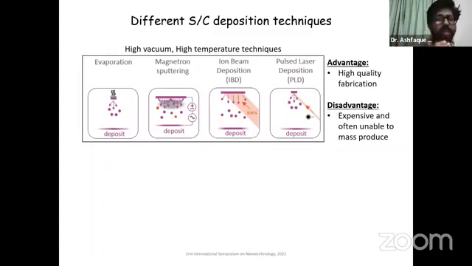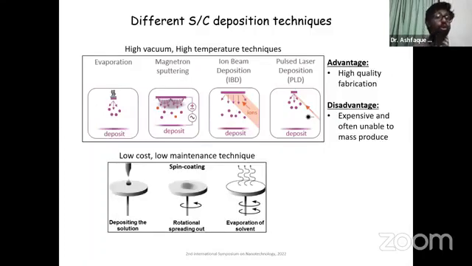And there is another problem, which is mass producibility, because often these high vacuum, high temperature techniques cannot really be translated into an industrially viable section. So these disadvantages can take down the productivity of the industrial process.